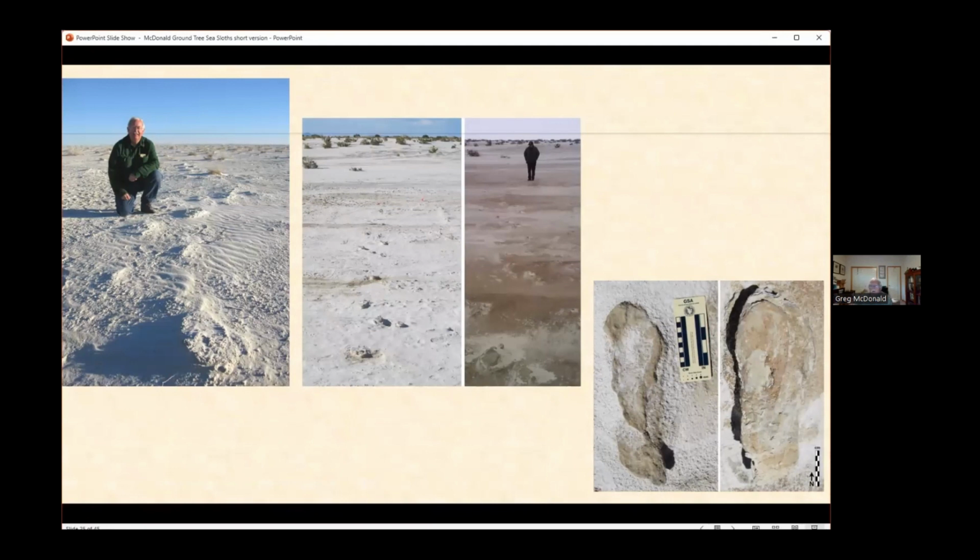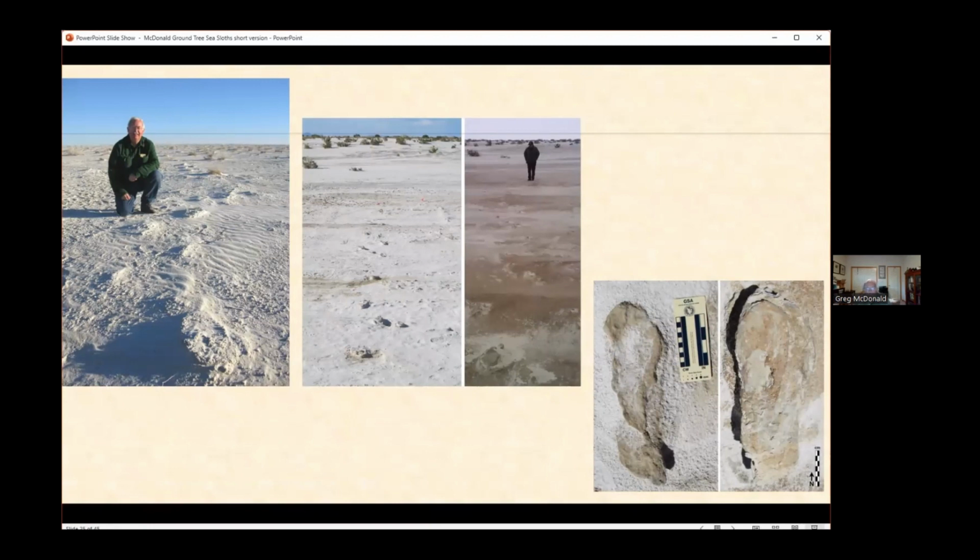For many years, these were the only ones in North America known, but recently at White Sands, New Mexico, where the wind is blowing away the loose gypsum sand, you can actually get three-dimensional impressions of trackways of Paramylodon again. So this is a new site.